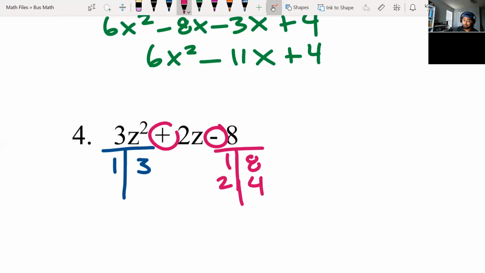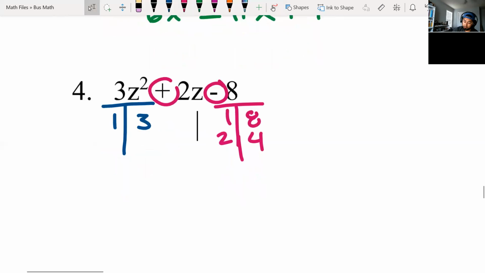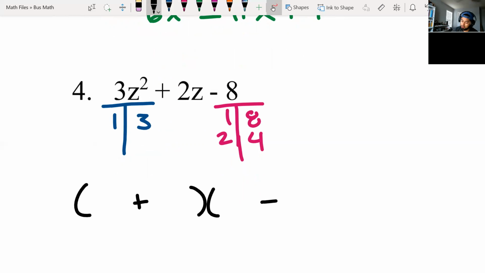Plus minus means exactly that. Our setup will be plus a number, minus a number. And since we're starting with 1 and 3, we only have 1 and 3. That makes it easy. I'll put 1x there, and I'll put 3x there.